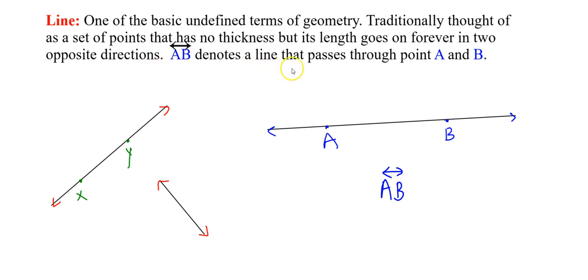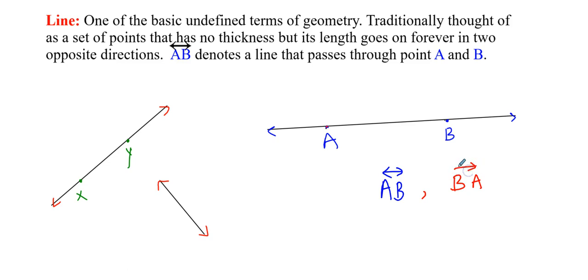AB denotes a line that passes through the points A and B. Now, this is a straight line. Like I said, it consists of an infinite number of points. Out of those infinite number of points, if you name two of them, the first point as A and the other point as B, now we can name this whole line as straight line AB, or we can also call it BA.